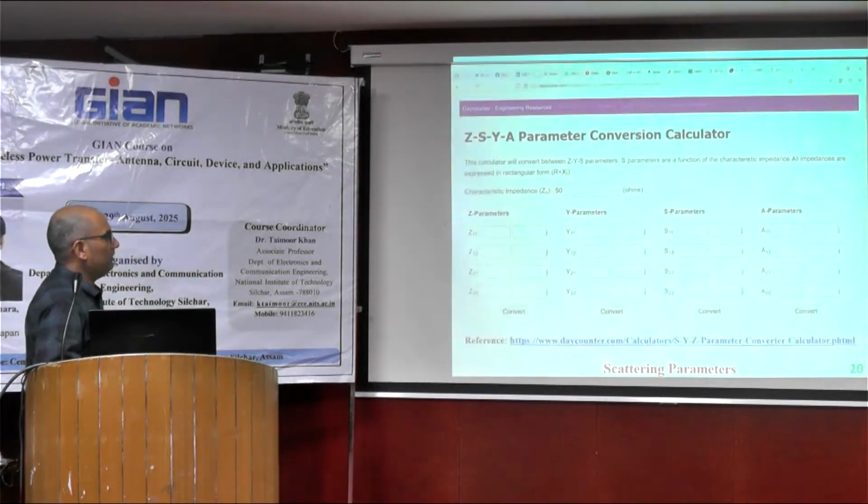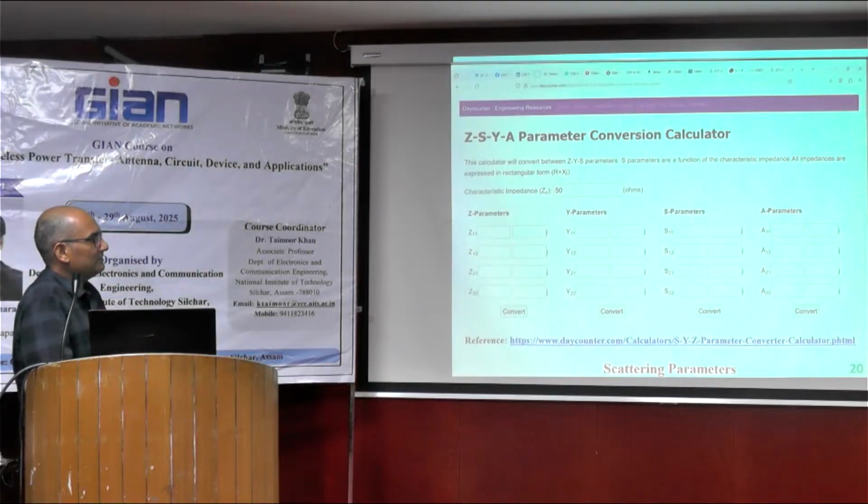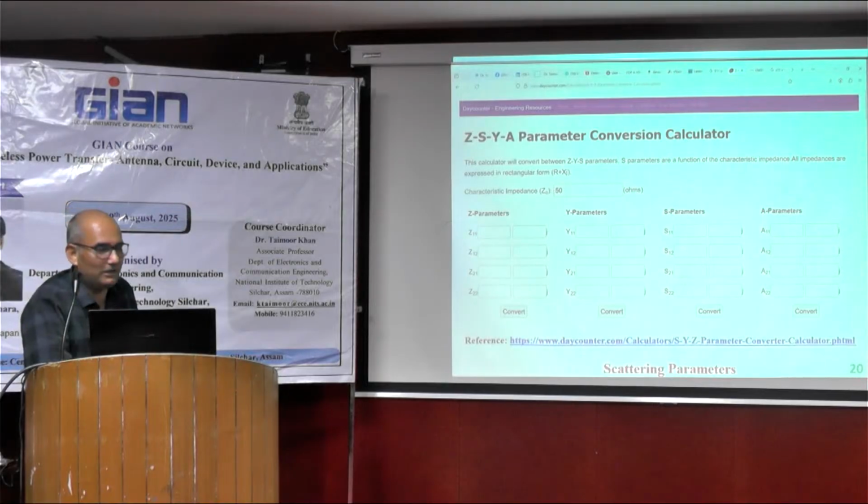Now, how to calculate these parameters online? I have got a reference. You can use this link, and in that way you can quickly calculate the S parameters corresponding to each characteristic impedance. Give the values, and it will give you the instant answer rather than doing manual calculations.